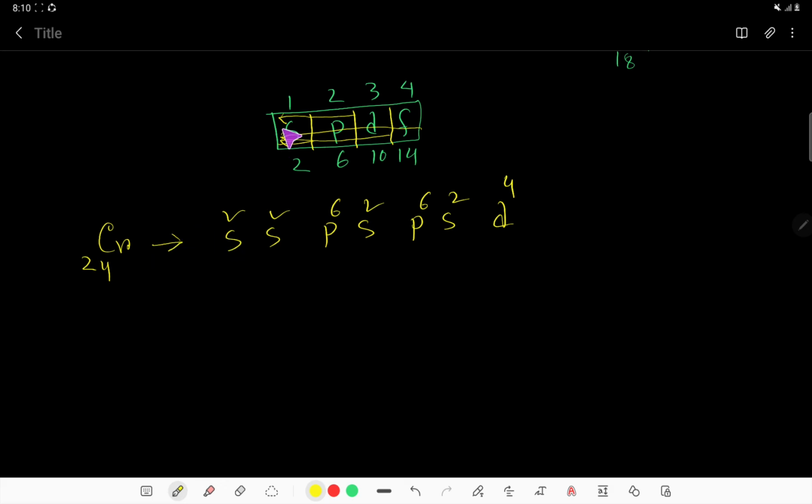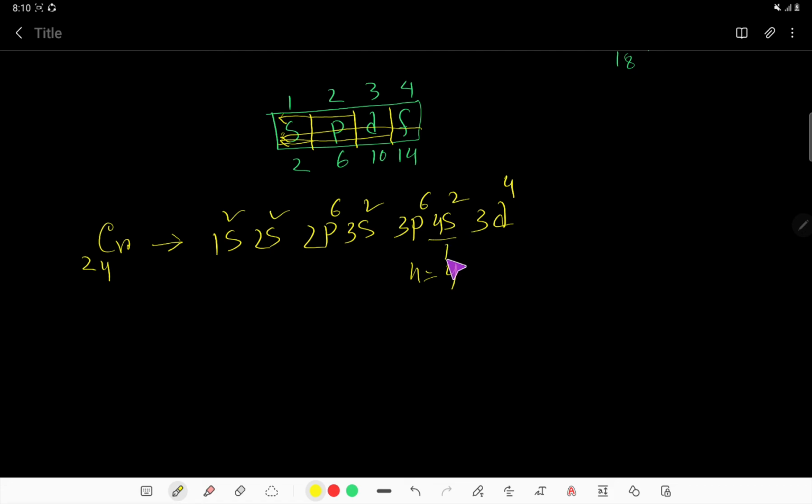Now s starts from 1s, then 2s, then 3s, then 4s, right? And p starts from 2p, 3p, and d starts from 3d. Look, the highest value of n equals 4.